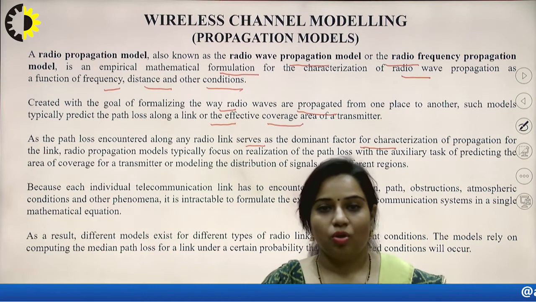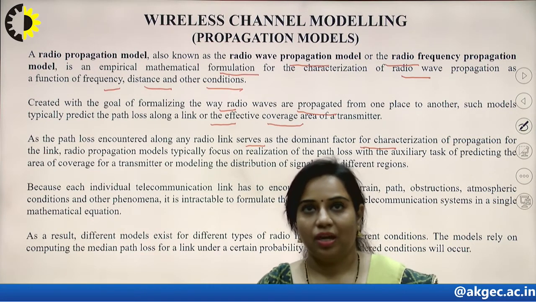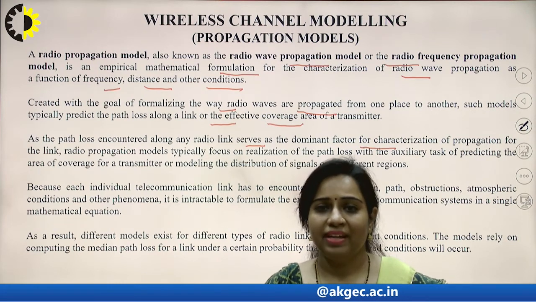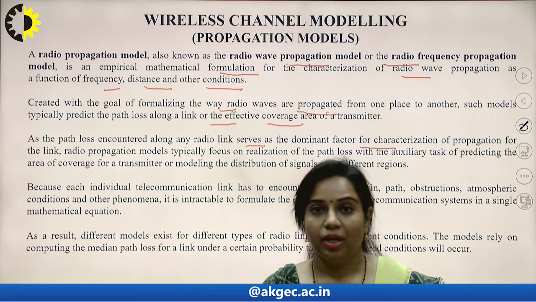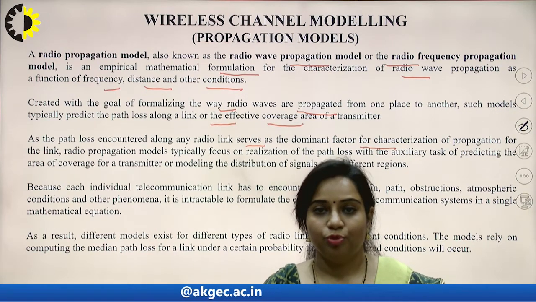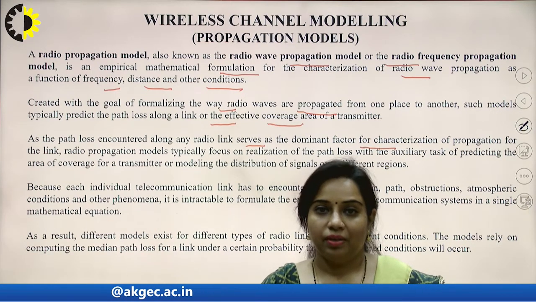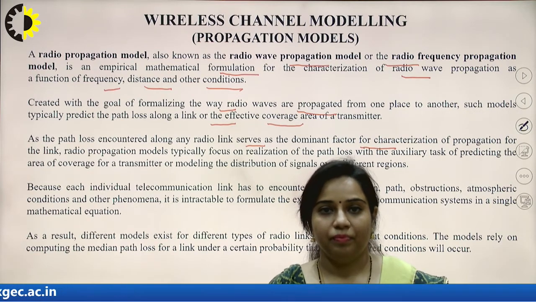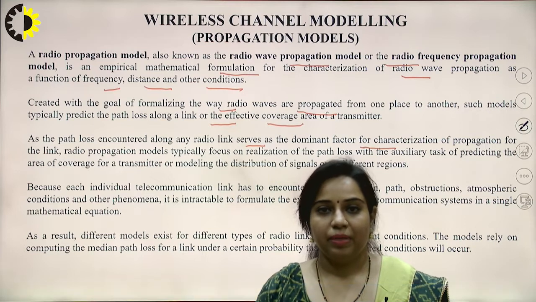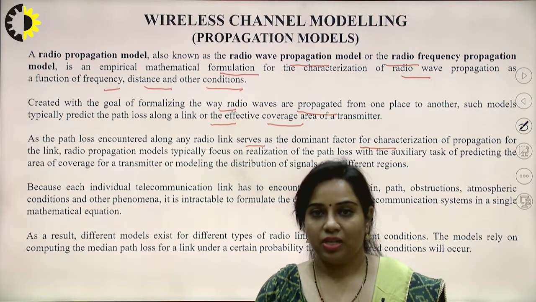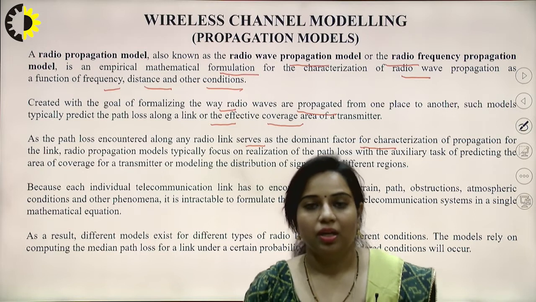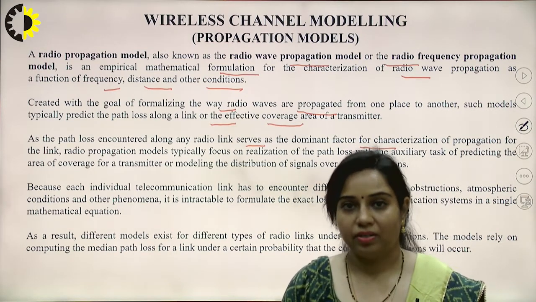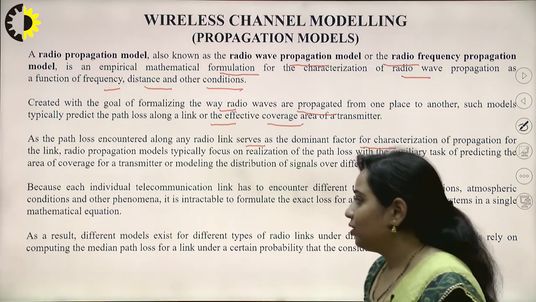So path loss plays a very important role when we are calculating the Friis formula for the path loss model, that is PR equals PT GT GR lambda square upon 4 pi R square, where R is the distance, PR is received power, PT is transmitted power, GT is gain of the transmitter antenna, and GR is the gain of the receiver antenna. These are the various factors that we have to consider while designing the channel.